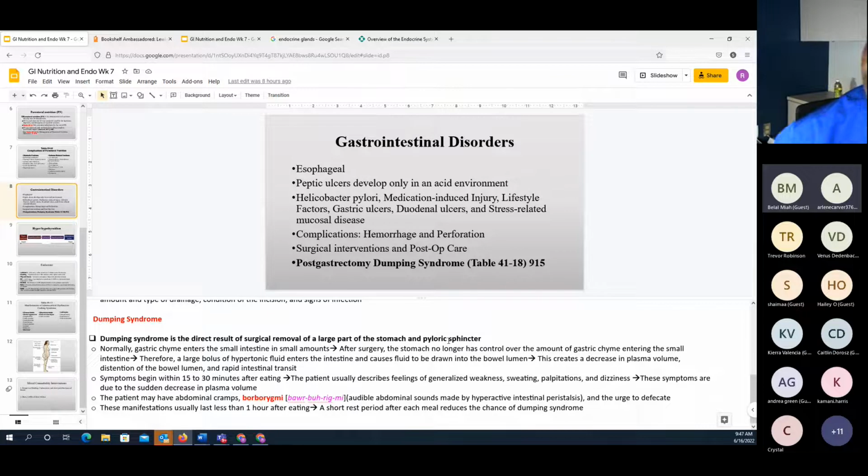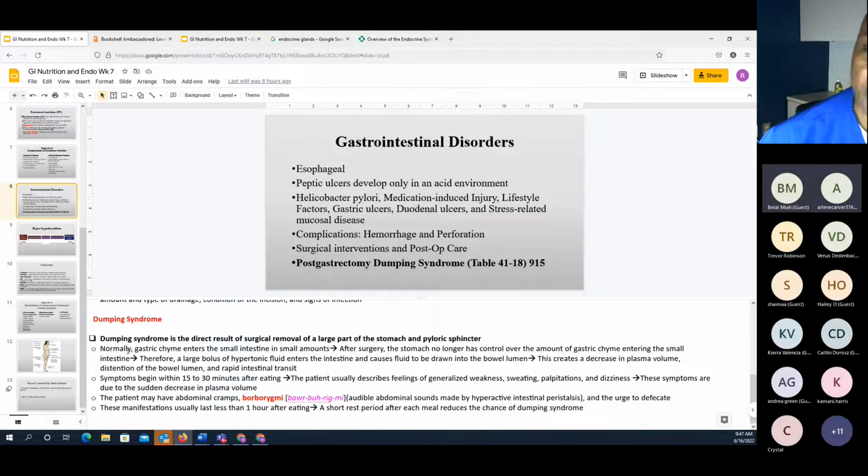And let's say if somebody has bariatric surgery, that weight loss surgery, you're removing these structures. And you know how when you eat, food remains in your stomach for a certain period of time before it slowly moves, we call it chyme, from the stomach into the small intestine, the duodenum, right?